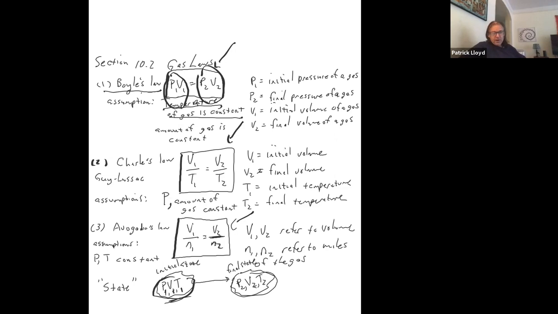They really have four, right? But we said we could get the fourth from three. And it is under specific conditions, reducing them to something more simple. Just two variables, pressure and volume, in the case of Boyle's law, volume and temperature, in the case of Charles's law, and volume and moles in the case of Avogadro's law, okay?